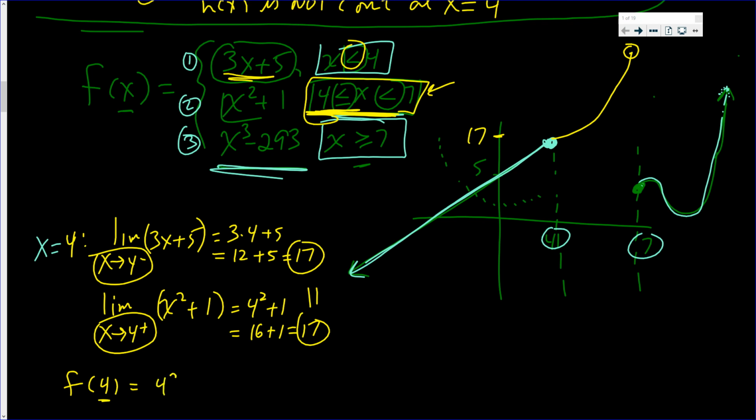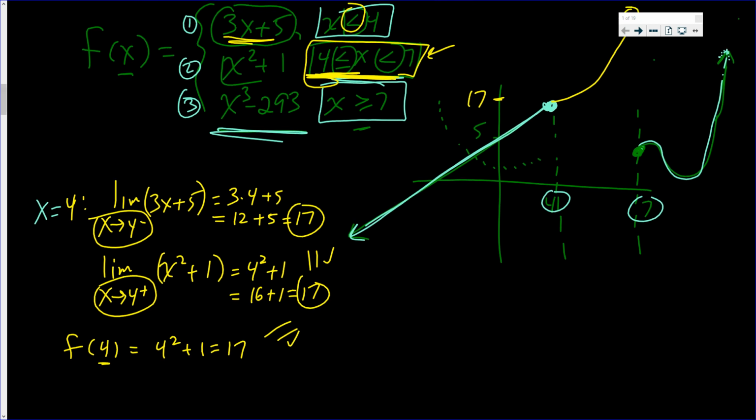So you get x squared plus 1, which is 17. All 3 of these are equal. f is continuous at 4. f of x is continuous at x equals 4.